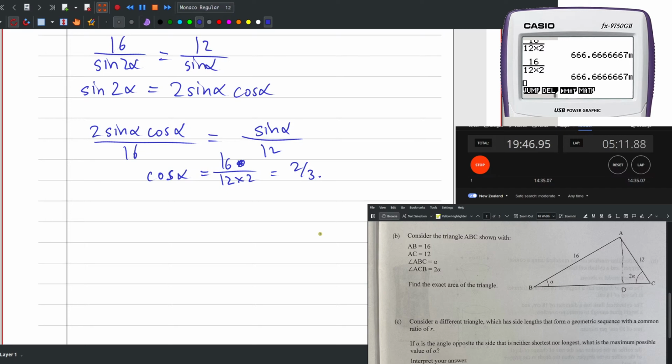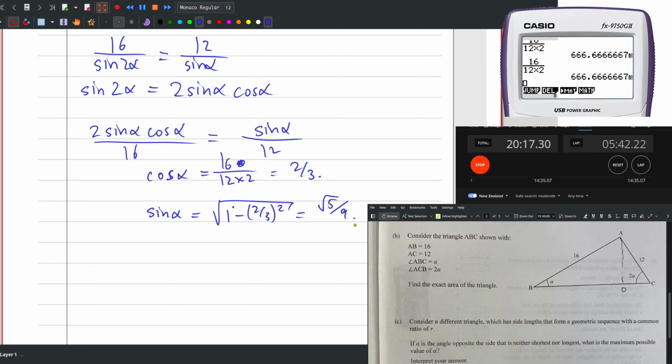Okay, so how do we want to do this? The way we do this is, you want to find the area of ABC, right? Okay, so we have sine alpha though. So sine alpha is root 1 minus 2 on 3 squared, which is root 5 over 9, right?